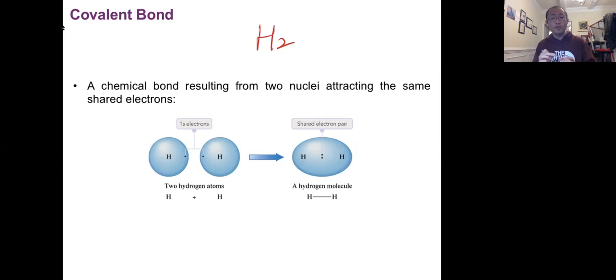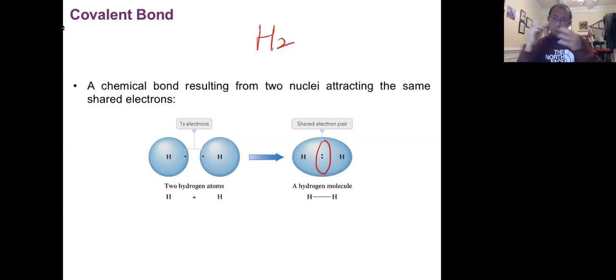So in order for hydrogen atoms to satisfy the octet, 2 hydrogen atoms will share a pair of electrons. Share means each hydrogen donates 1 electron. Then the 2 shared electrons holding 2 hydrogen atoms together is called a covalent bond.